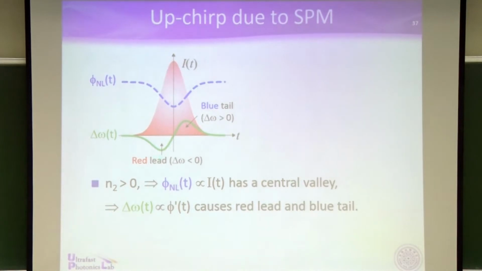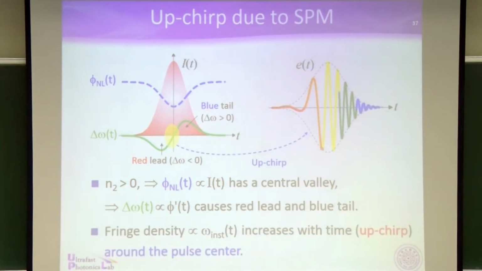So leading edge, red. Trailing edge or pulse tail, blue. Okay. And if you draw the electric field, E of t, you have to draw the fringes, right? So the observation tells us the leading edge has a lower oscillation frequency, and the trailing edge has higher oscillation frequency.